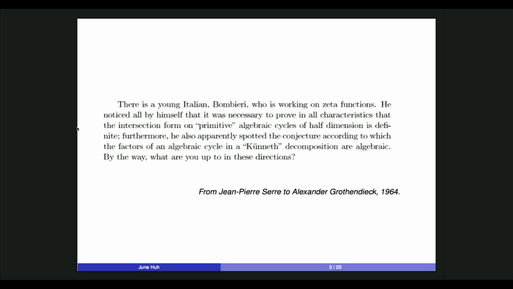So in a letter from Serre to Grothendieck, it gives one statement that for some statement on zeta functions, or probably algebraic varieties, it is sufficient to prove in all characteristics that the intersection form on primitive algebraic cycles of half dimension is definite.